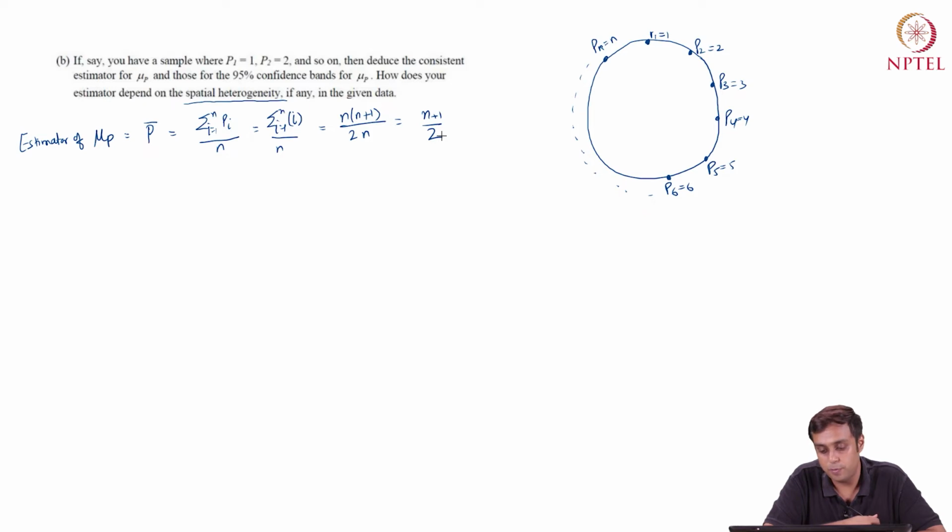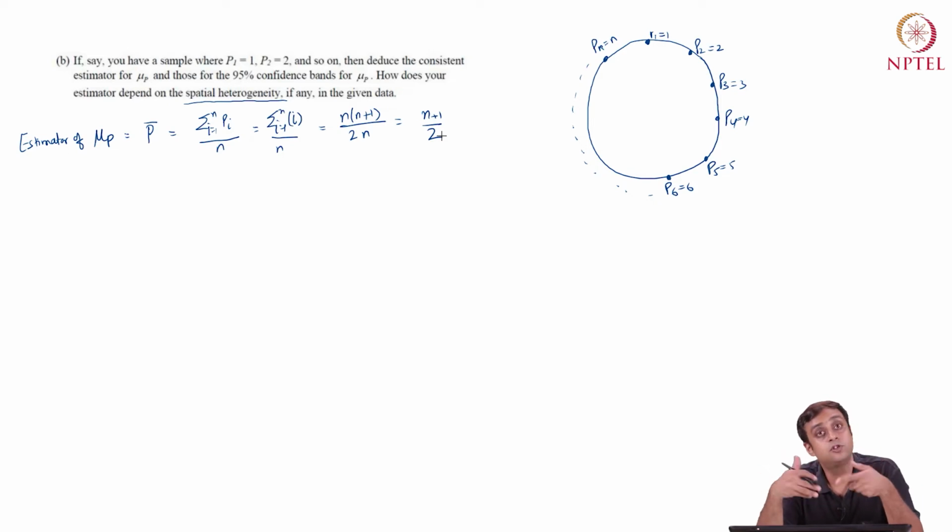Now of course p bar itself comprises pi's, which are random variables, so p bar is a random variable. If it is a random variable and I have a point estimate of p bar in terms of n plus 1 over 2, it comes with an error because random variables can take multiple realizations, right?